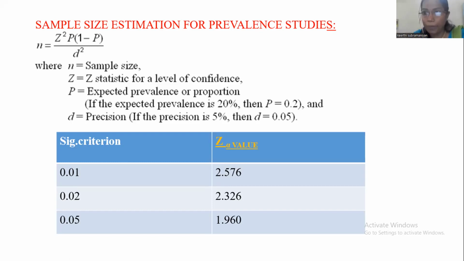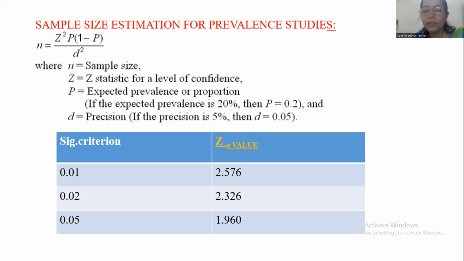Either through a pilot study or from any other source of data, even from nearby districts, saying that I'm expecting the same prevalence in Madurai. Clear? So that is your P. If I say the prevalence is 60%, P will become 0.6, and 1 minus P is 1 minus 0.6, which is 0.4.